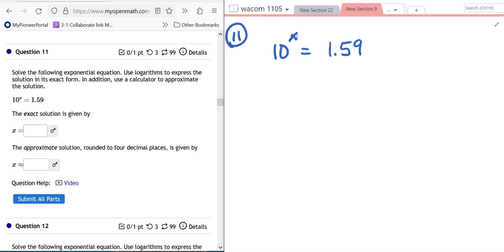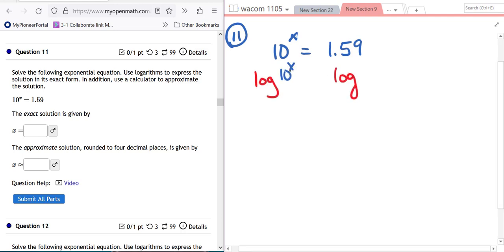So we'll take a common log of both sides. That will force your x to come down. So you have x times log base 10, and this is really log base 10 of 10, this piece equals 1. And so we just have x times 1, or x here.